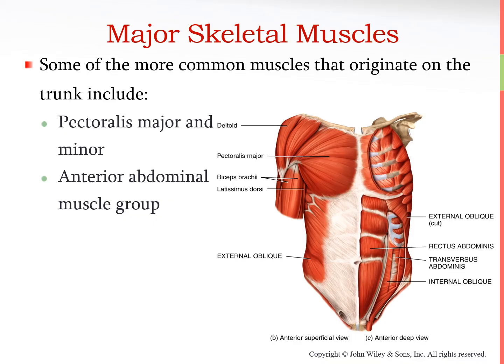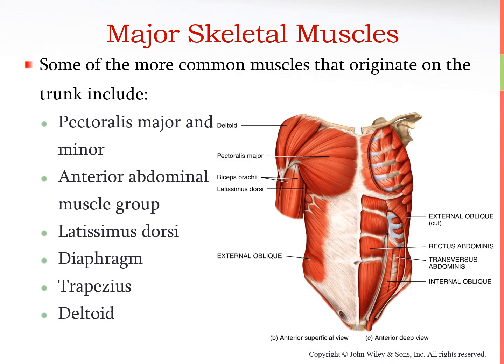And if you cut one more layer, you'd see the transverse abdominis muscles. Posteriorly, there was the latissimus dorsi. Separating the thoracic region from the abdominal pelvic region is that broad, flat muscle called the diaphragm. We mentioned the trapezius and the deltoid that caps the shoulder.